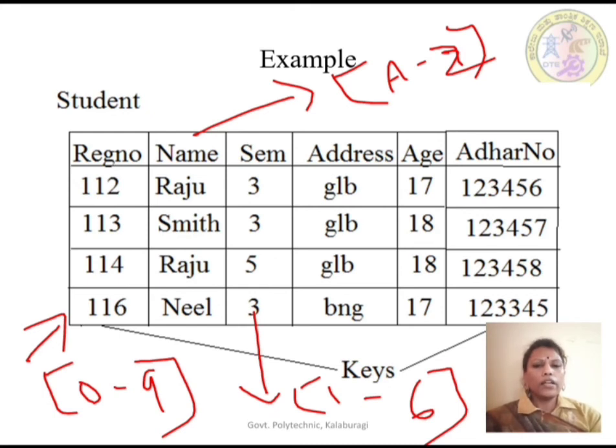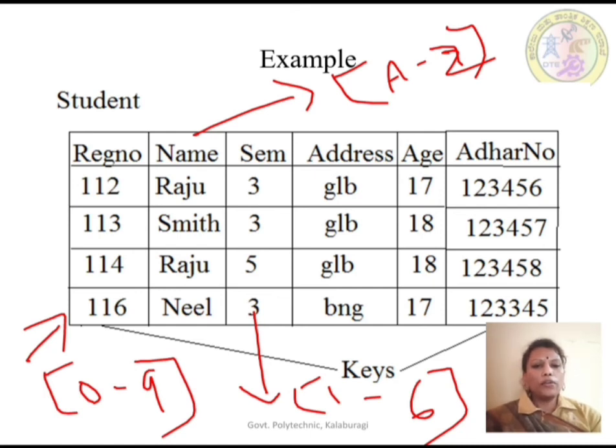And what is the domain for address? Address contains characters as well as digits, numbers also. So the domain of address is A to Z characters along with the numbers. Then what is the domain of age? The domain of age is numbers.